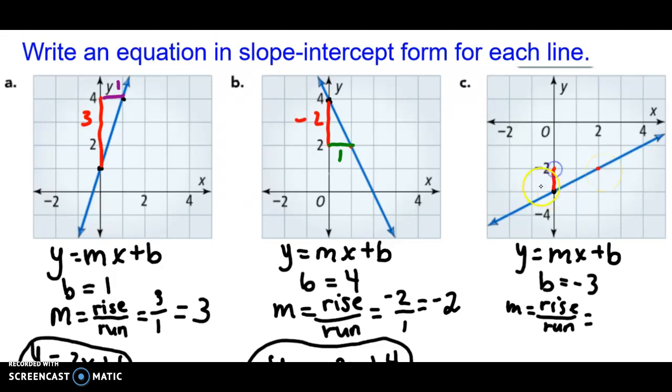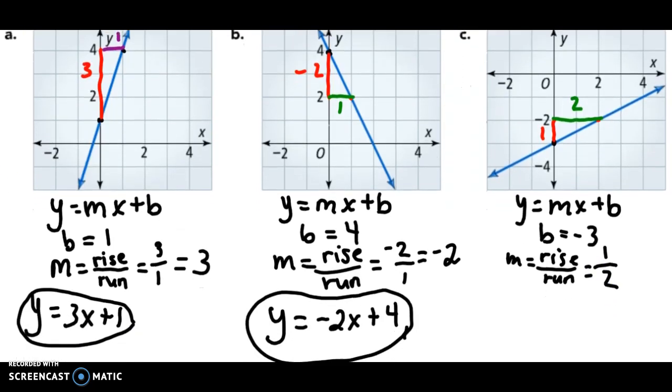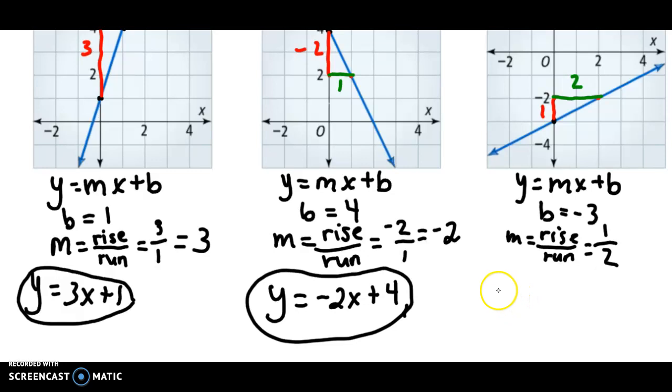We rise 1 unit, and we run 2 units. So our rise was 1, our run is 2. So our slope is 1/2. Our equation should read y equals m, which is 1/2, x, plus b, which is -3.